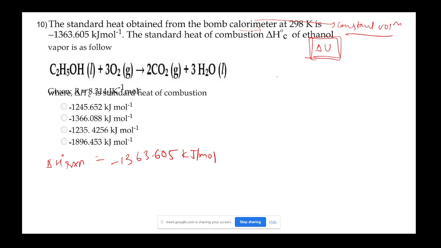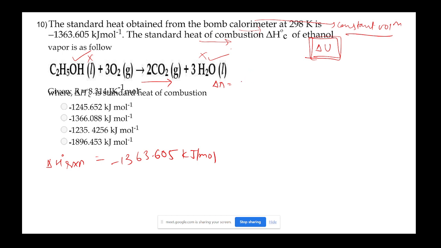Now if I want to find the standard heat of combustion, for this reaction, what is delta N? Since H2O and C2H5OH are both liquid, I do not need to consider these moles for the delta N calculation.